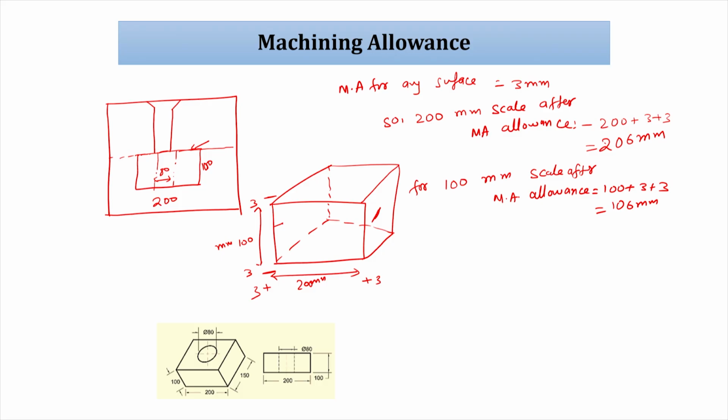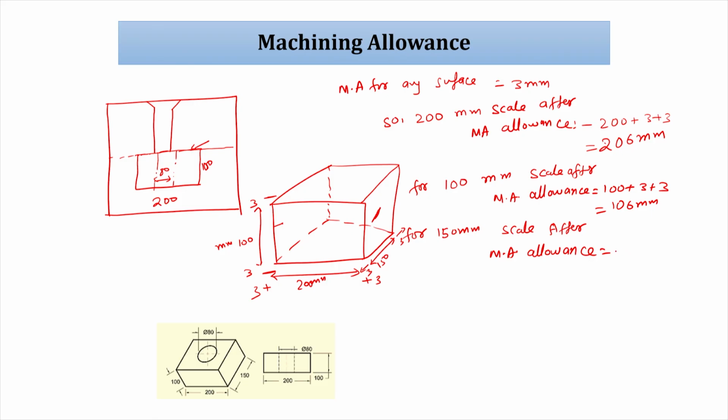Now, for 150 mm scale after machining allowance. So, 150 mm, and someone is saying I do not want to machine the left side. Let us first see 3 mm this side, 3 mm this side.